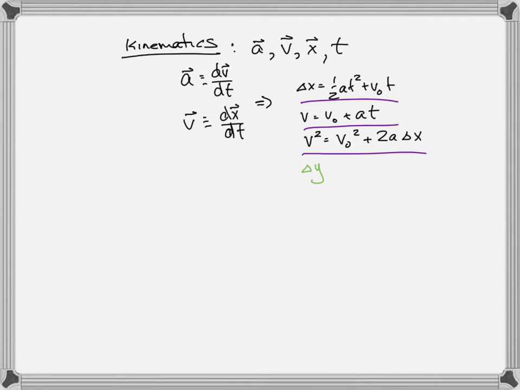So now in a multi-dimensional world, this is the acceleration in the x direction, the initial velocity in the x direction, etc. All these have subscript x on them except for time, because time is not in a particular dimension. Then we have the same three equations in the y direction, 1/2 a_y t squared plus v0y t, and the same three equations in the z direction, no matter how many dimensions we have. Okay, so that's chapter 2.